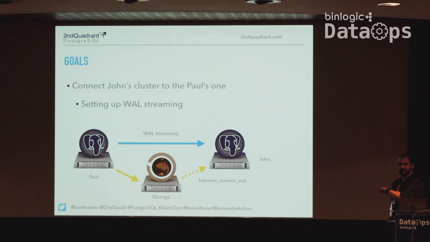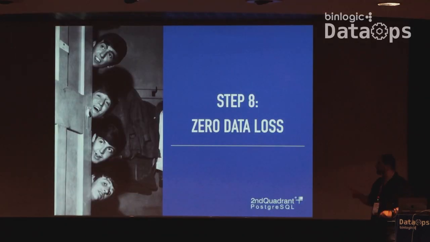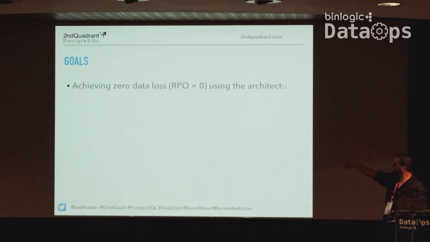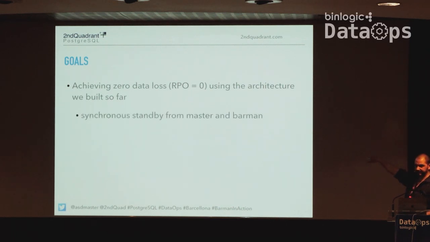We were here. We set up the connection. We should have restarted John and updated the recovery.conf file to set up the streaming connection to the master. What can we do after? We are near the end. What we can do is try to achieve zero data loss. It is pretty simple, because the goal is achieving zero data loss using the architecture that we built so far, and to do that we need to use the synchronous standby, from the master and from Barman.